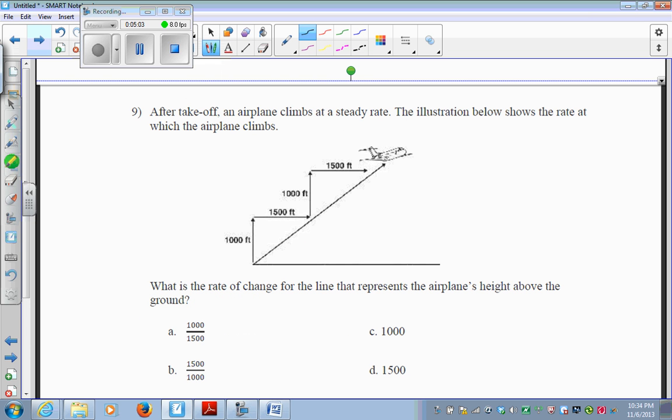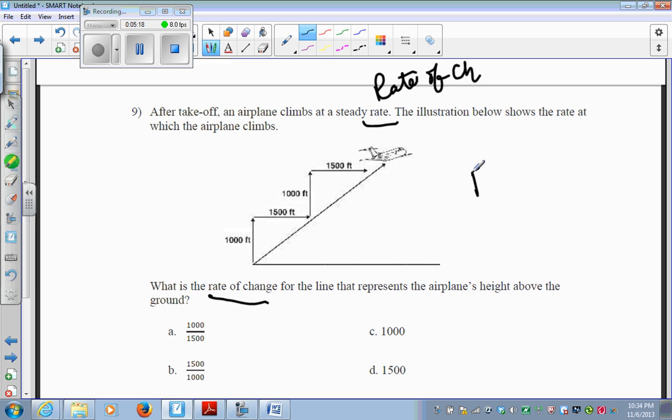After takeoff, an airplane climbs at a steady rate. So that's our clue. We're looking for a rate of change. The illustration below shows the rate at which the airplane climbs. What is the rate of change for the line that represents the airplane's height? Remember, rate of change is your change in your y value over your change in your x value.